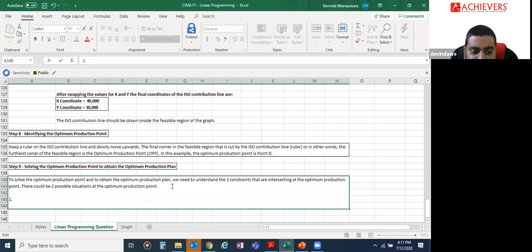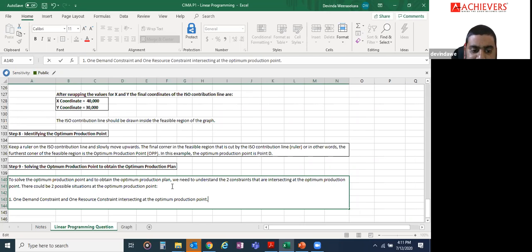First situation is one demand constraint and one resource constraint intersecting at the optimum production point.